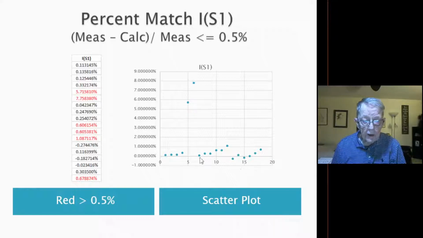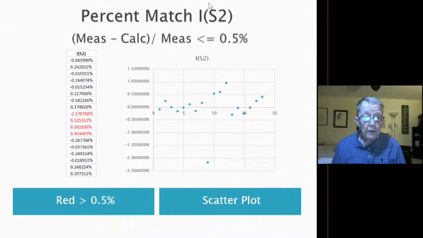What's interesting here is that you start with circuit 2: 5, 10, 15, 20, 25, 30. It kind of increases as the voltage goes up. The deviation, the percent match, increases. There's a clue here that I can follow up on in the future. I did the same thing for the percent match of the second shunt resistor.